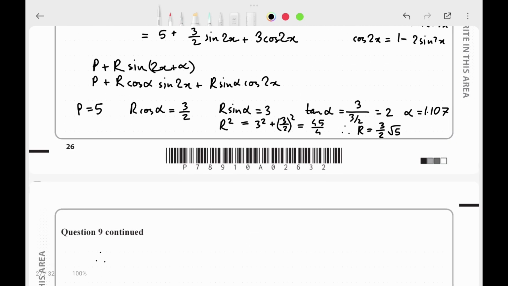So therefore, h of x is equal to 5 plus 3 by 2 root 5 into sine of 2x plus 1.107. So that's part A.